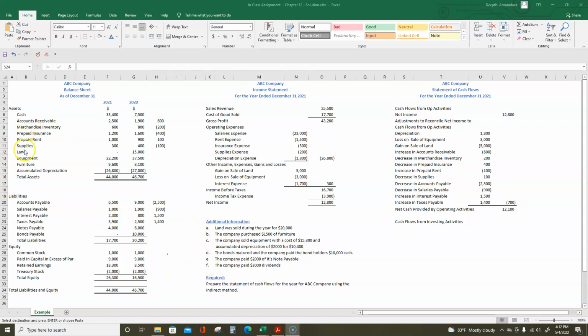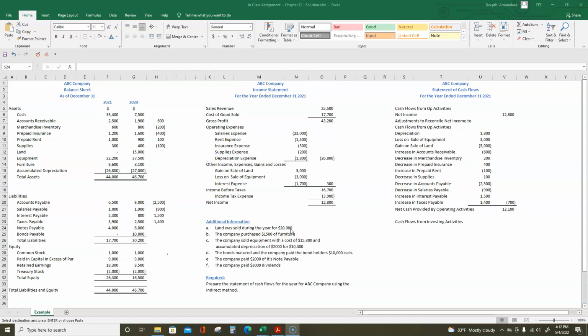So our first item is land. Land, we see that something changed with land. They had land of 15,000 and now they don't have any more land. So we know something happened. Let's see what they say. It says land was sold during the year for $20,000.